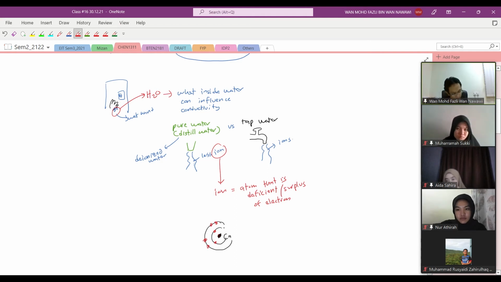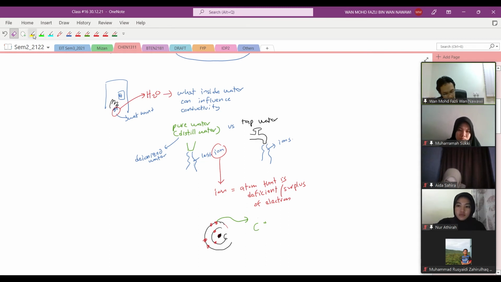So if one electron comes out of this carbon, the carbon becomes carbon positive, because the electron is coming out. Carbon is not Ca. Carbon is C only. Ca is calcium.